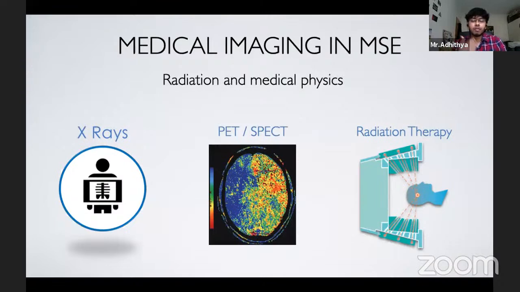For example, if we want to monitor the activity of the thyroid gland, you administer the particular biomarker and the radiopharmaceutical, and once it reaches the thyroid, there are systems, just like how we have systems for X-ray radiography. We also have systems for PET and SPECT.